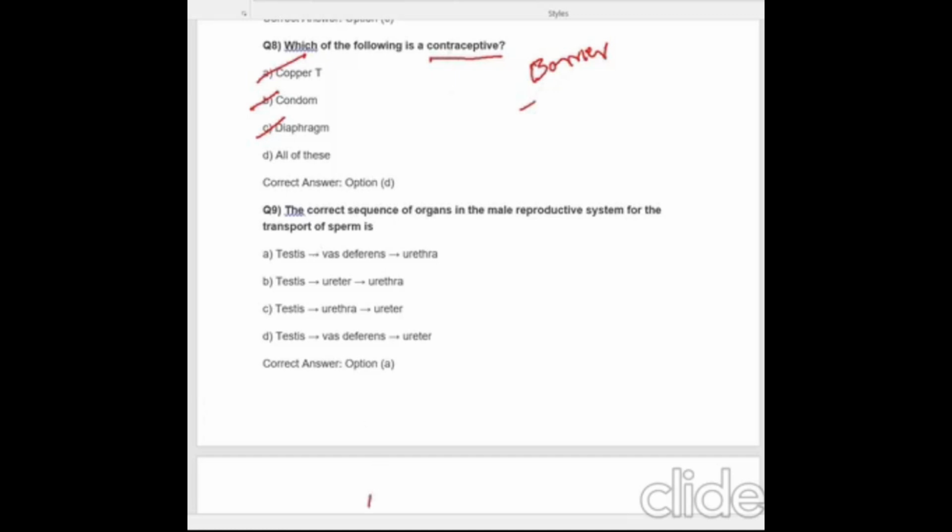Next question, the correct sequence of organs in the male reproductive system for transportation of sperms is. From the testis there are seminiferous tubules present where the sperms are formed. From here, there is a sperm duct known as vas deferens. You have two testes present in the males.